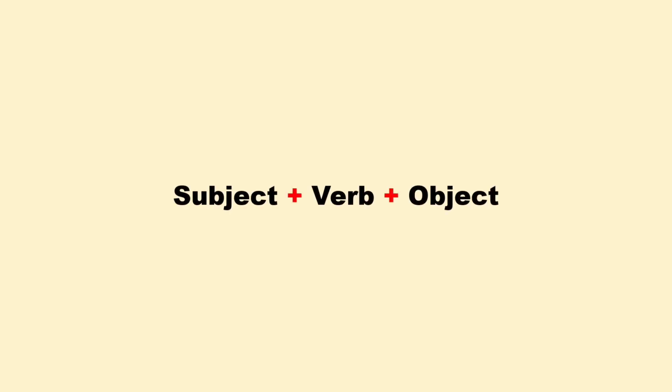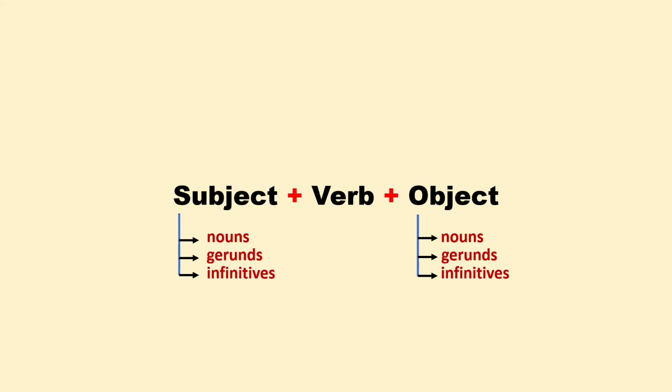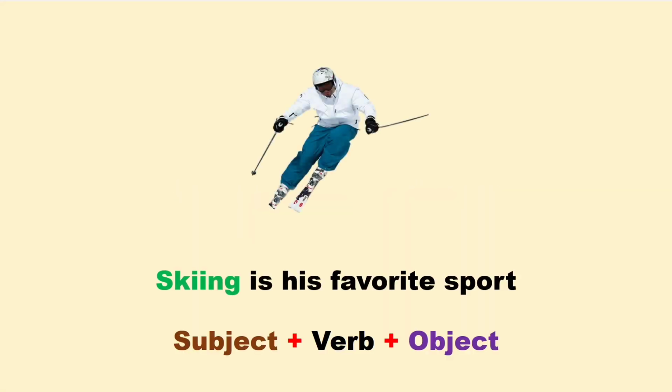The basic sentence pattern in English is subject plus verb plus object. Subject and object are usually nouns, but gerunds and infinitives can also function as a subject and object of a sentence. For example, skiing is his favorite sport.